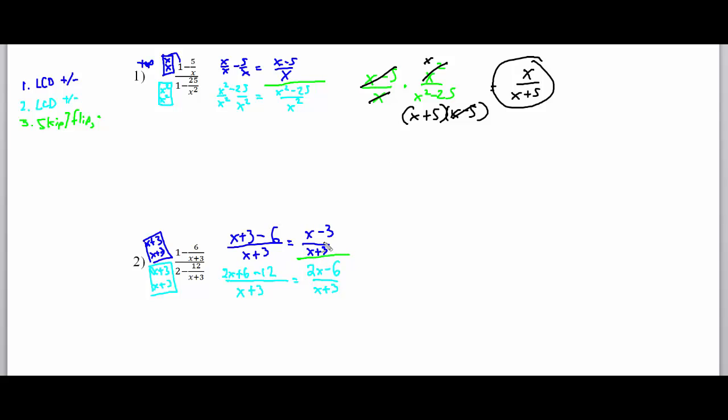So I'm going to skip the blue fraction, flip the second fraction, and multiply it. And I'll rewrite that over here. So my x minus 3 over x plus 3 multiplied by my x plus 3 over 2x minus 6. So this bottom fraction just kind of loop-de-looped up to this right here.